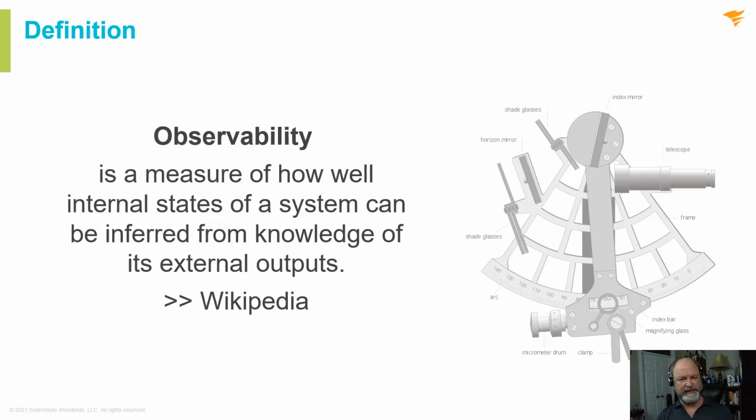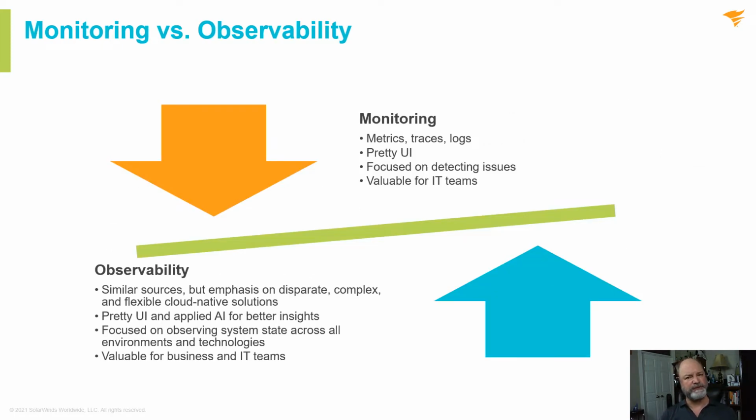It's more sophisticated. And so to compare the two, with monitoring, we are basically in a scenario in which we kind of know what to expect. We know what the problems are likely to be. So in a database context, I know that I need to keep an eye on CPU, on memory utilization for both the data cache and the plan cache in SQL Server.